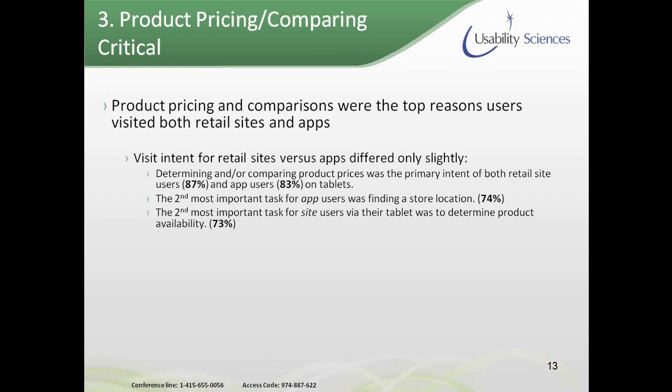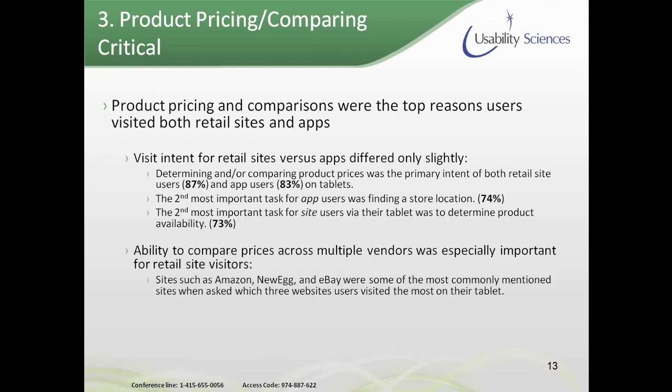And so with retail sites, the second most important task for users was to actually just determine if the product was available. And so this tells us that if you are building a retail app, to ensure that finding a store location is high on the list of things that are easy to do for participants if they are visiting the app, versus a retail site, making sure that your products are easy to find and easy to compare.